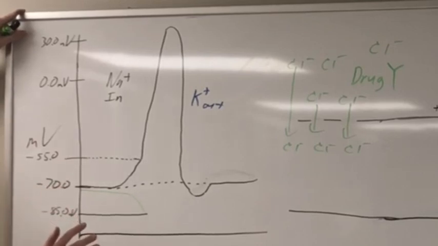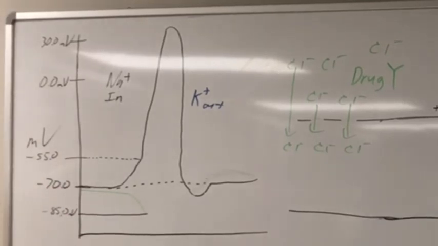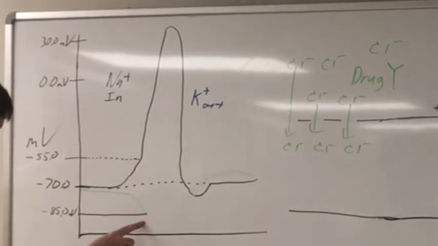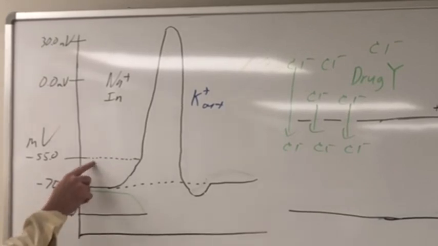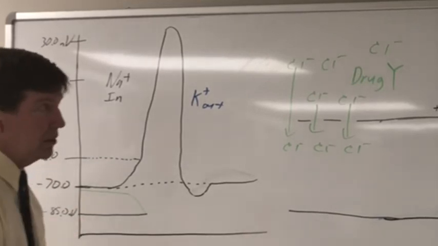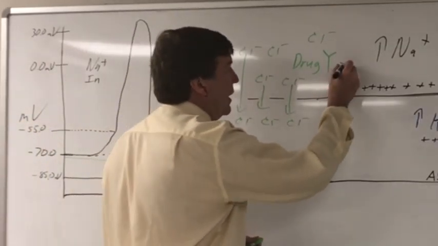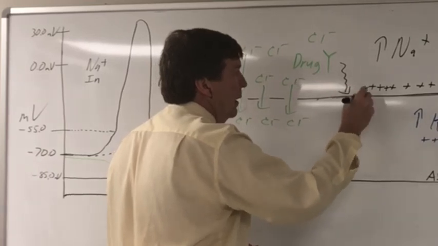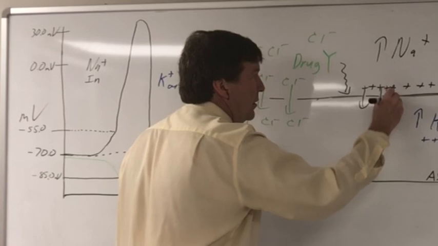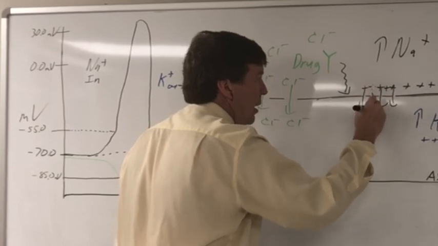Obviously now, it's going to take a much stronger stimulus to get this negative 85 to reach threshold up here at negative 55. So notice, let's stimulate this nerve now with a typical stimulus. Notice this is coming in, this is coming in, this is coming in.